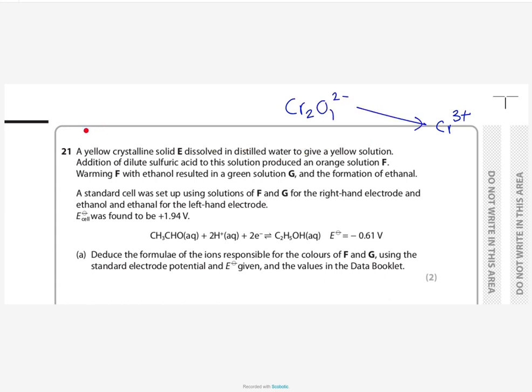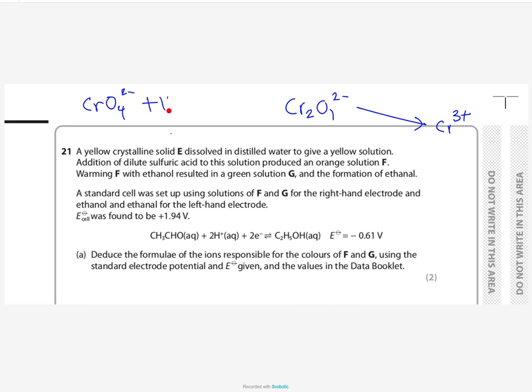So the yellow crystalline solid may be a chromate, because the only yellow complex of chromium we know is chromate(VI), and that gives the yellow solution when you dissolve it in water.